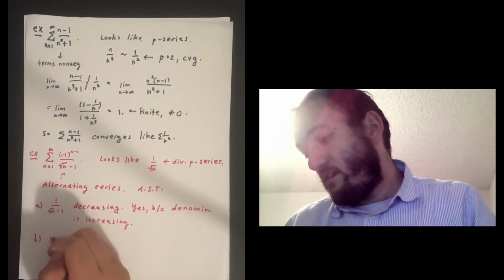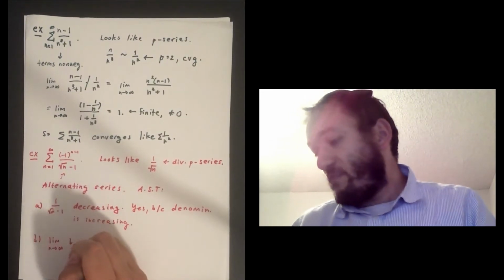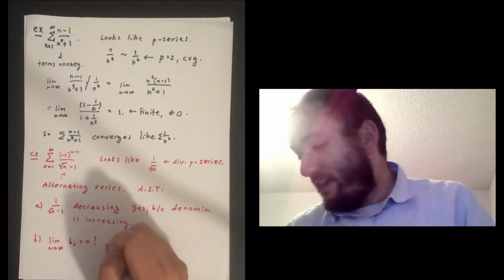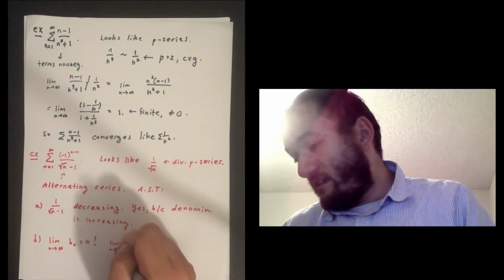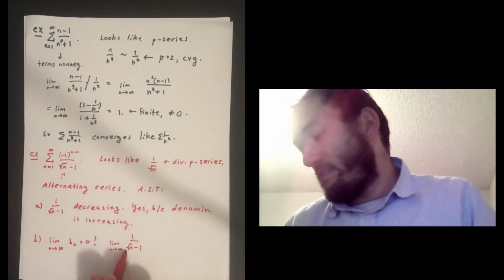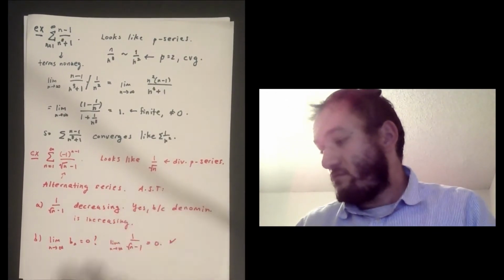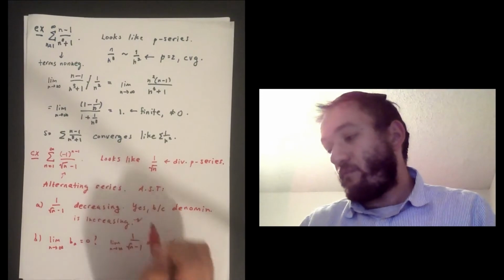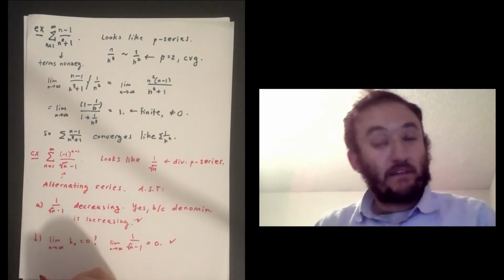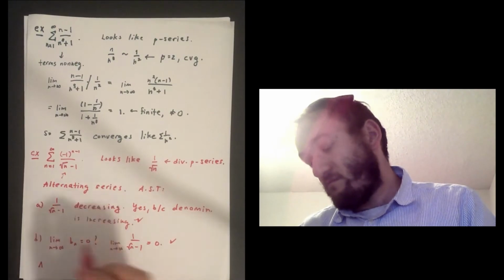Part B is the limit as n goes to infinity of b sub n equal to 0. And indeed, 1 over the square root of n minus 1, you see the denominator gets arbitrarily large, so this is in fact 0. So it passes the alternating series test, which means that it converges.